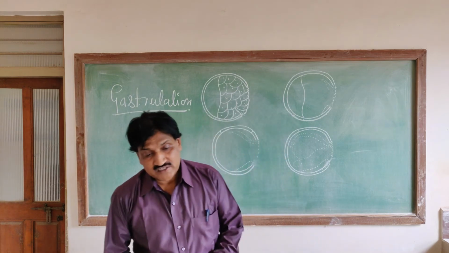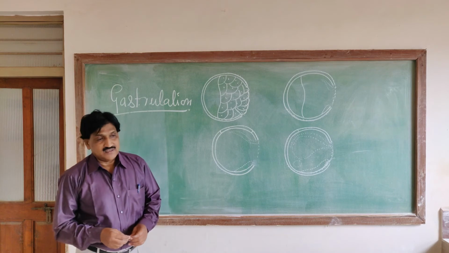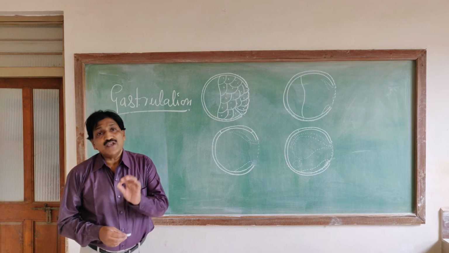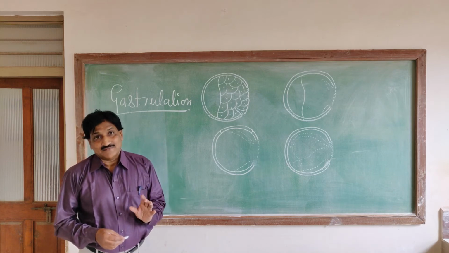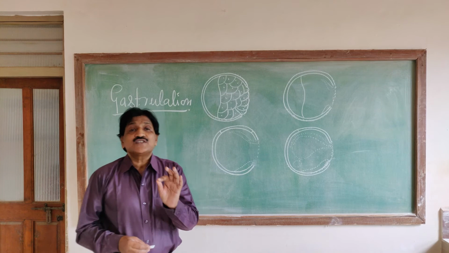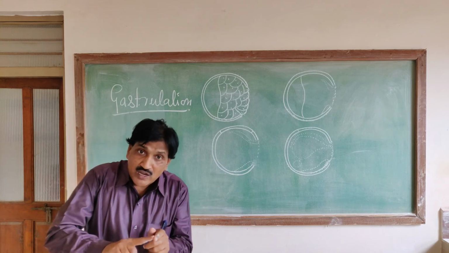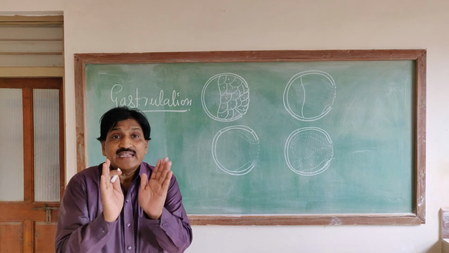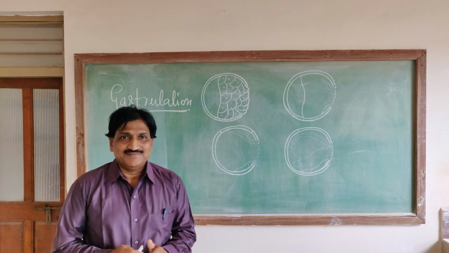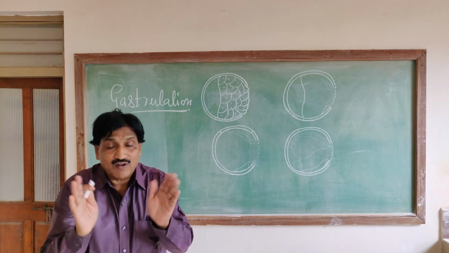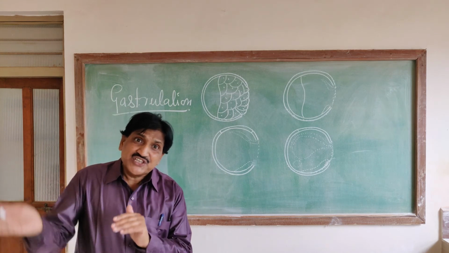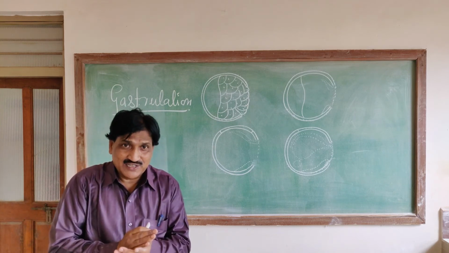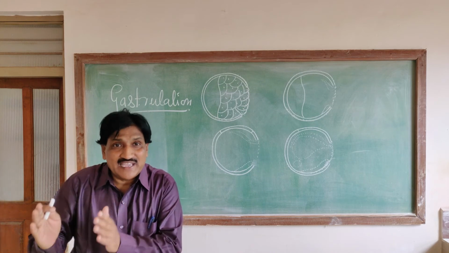Now here, my dear students, during gastrulation the blastomeres move from one place to another in a definite path and arrange themselves in the form of cell layers.